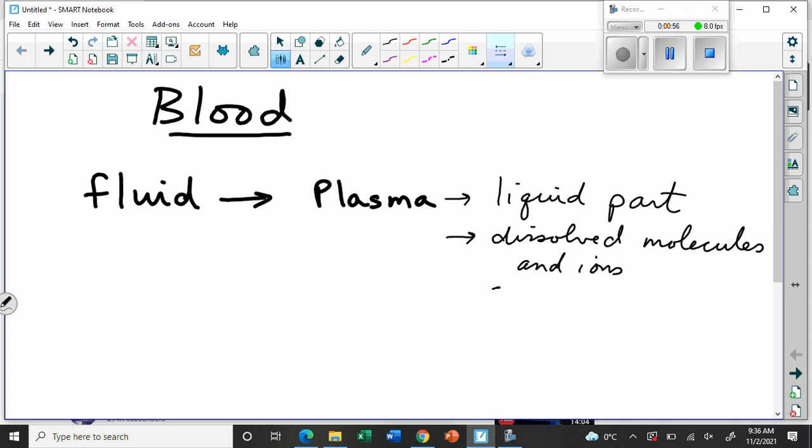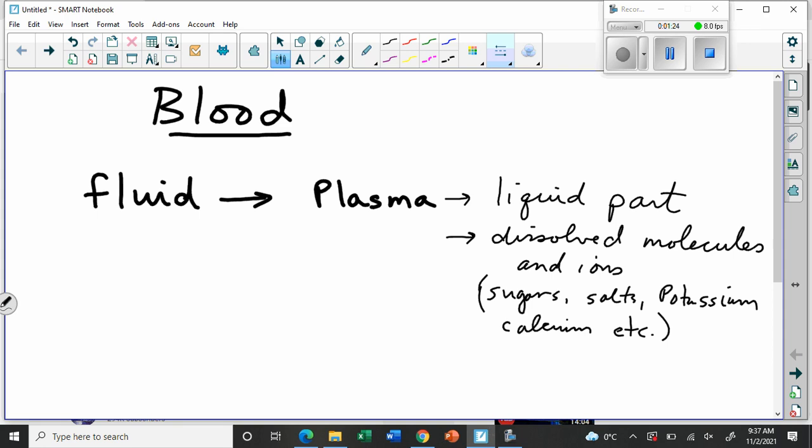So for example, sugar, your blood sugar, right? Sugars, salts, things like potassium, that's transported around in your blood, calcium, those are all just floating around inside, etc. Sodium, all those things are all floating around inside the plasma, right?